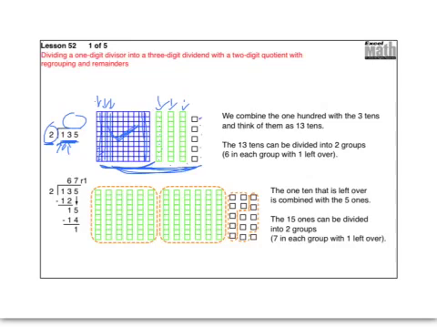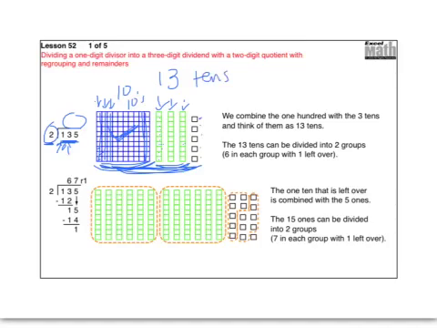So I'm going to split this up into 10 tens. Kind of think of it like 10 $10 bills instead of one big $100 bill. Okay, and then I'm going to combine that with these 3 tens that I had before. So I've got 10 tens here and I've got 3 tens there. So that makes 13 tens altogether.